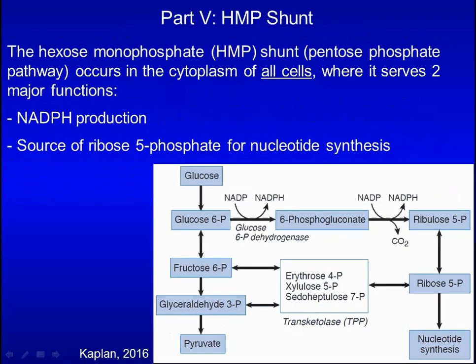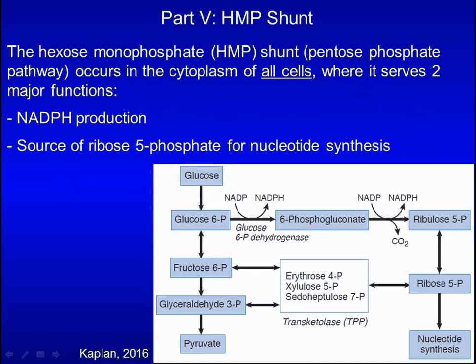The hexose monophosphate shunt occurs in the cytoplasm of all cells. It serves two major functions. One is to produce NADPH. Second is to provide ribose 5-phosphate for nucleotide synthesis.